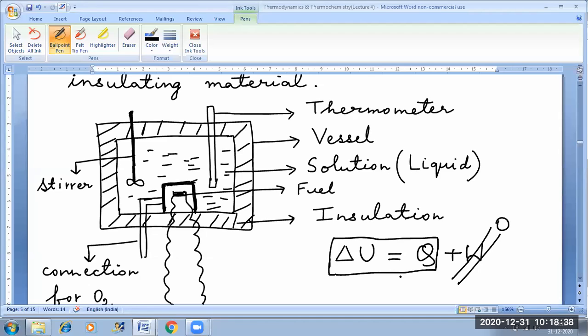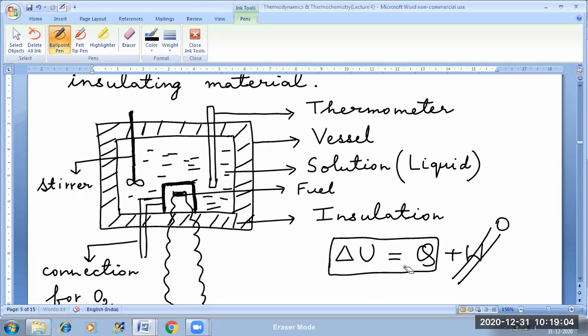It is not delta H. It is delta U because the volume is constant. Why is the volume constant? Because the bomb is sealed. If any reaction takes place inside a closed container, remember that the volume is constant and the work done is 0. So delta U will be equal to Q in this case.